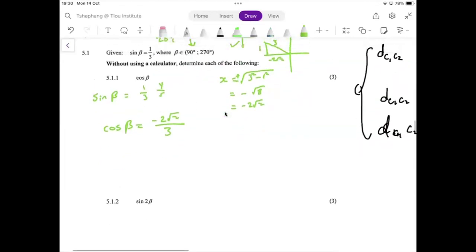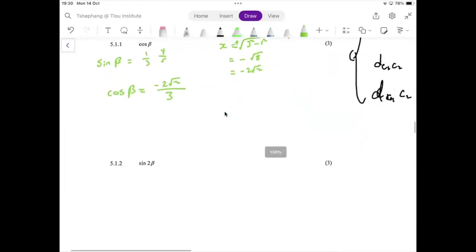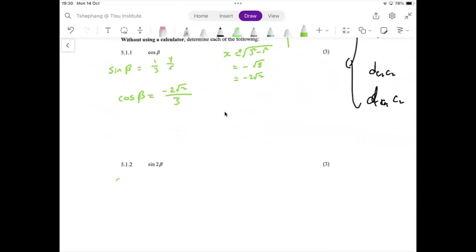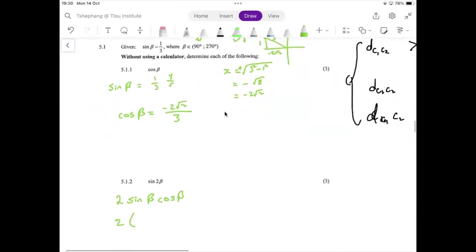Now, sine of 2 beta, that shouldn't be too much of a problem because we know that this is the same as 2 sine beta cos beta. 2 into, we know that sine is 1 over 3, and then minus 2 root 2 over 3.